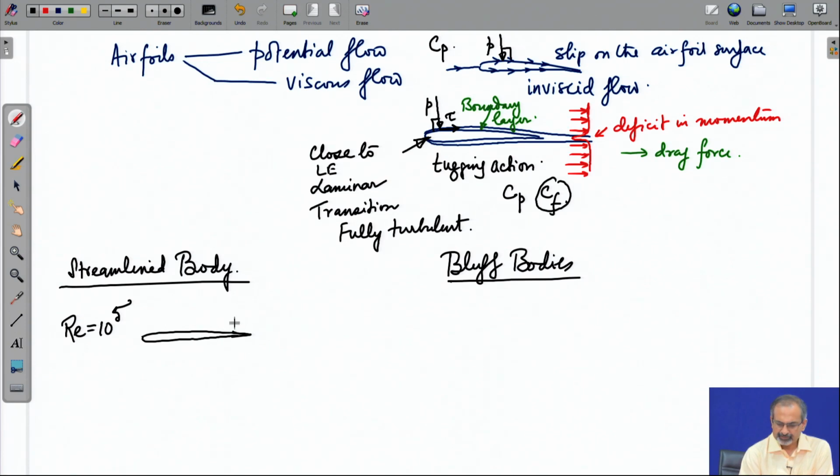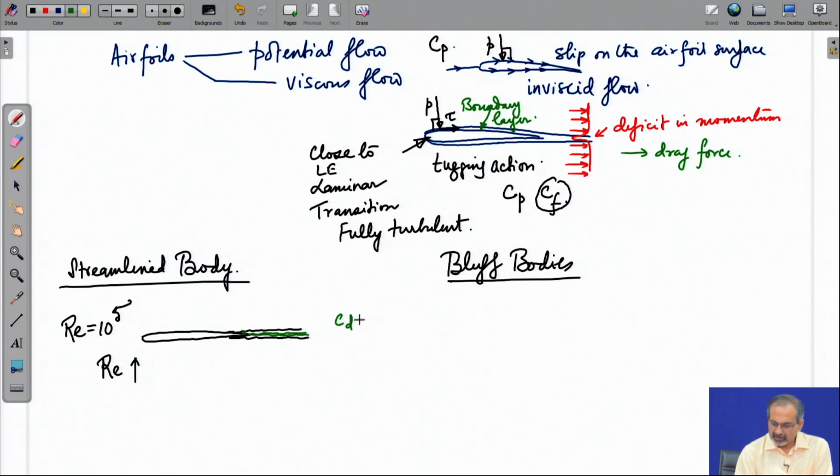you find that there may be some separation close to the trailing edge, because of which there is a wake formation behind the airfoil. And as the Reynolds number increases, you will find that the separation point moves further downstream, and thereby there could be a still thinner wake produced.